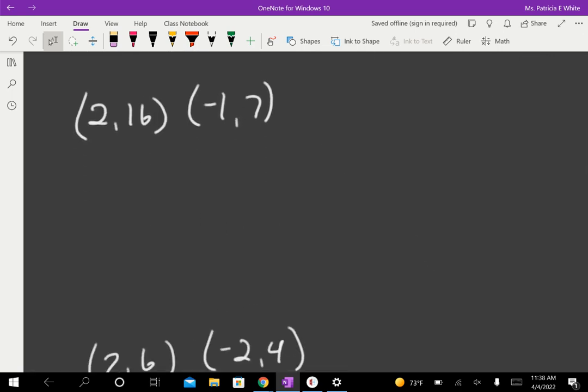All right, let's try another one. 2, 16, negative 1, 7.